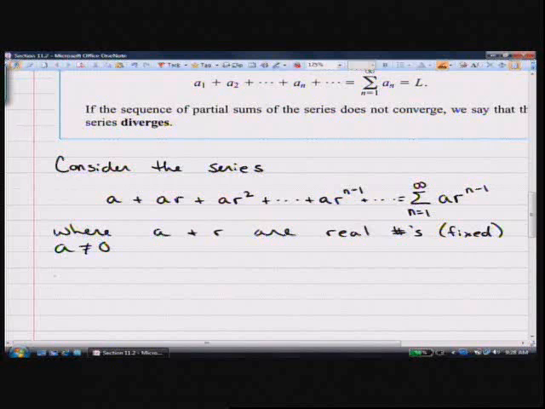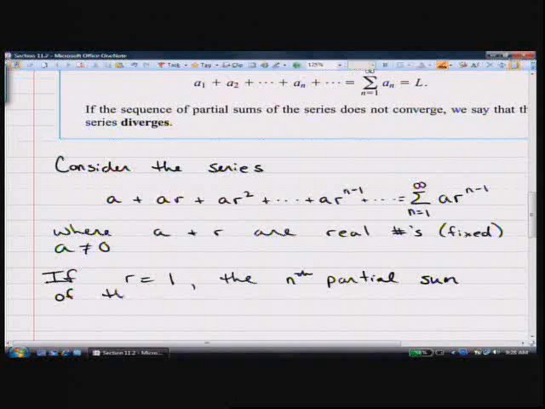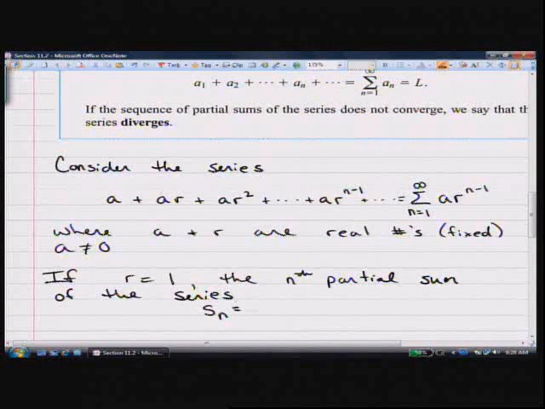Now, let's kind of think about it. If r was equal to 1, then the nth partial sum of the series would be, well, if r was 1, it's not going to be very exciting, right?